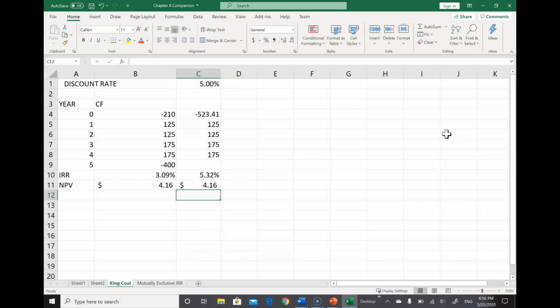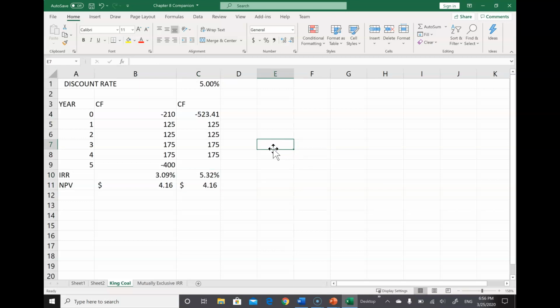And you can see that these two projects actually have exactly the same net present value, right? It makes perfect sense. So now when we make this adjustment, you can see that the internal rate of return and the net present value are in agreement. Okay, so that's the kind of adjustment that you may have to make.